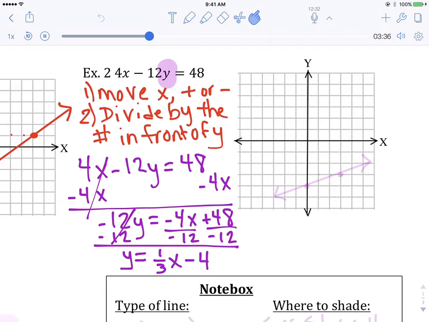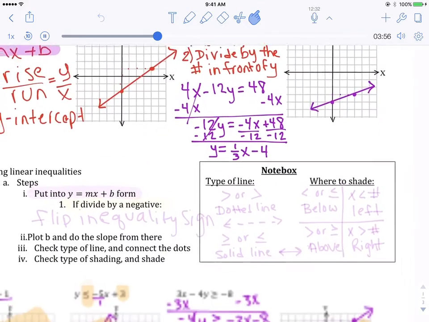So we're first going to plot our y-intercept at -4. Then we're going to rise 1 in the y direction and move 3 in the x direction. So there is our second point. So again, we're going to draw our line, and there is the graph of our equation.